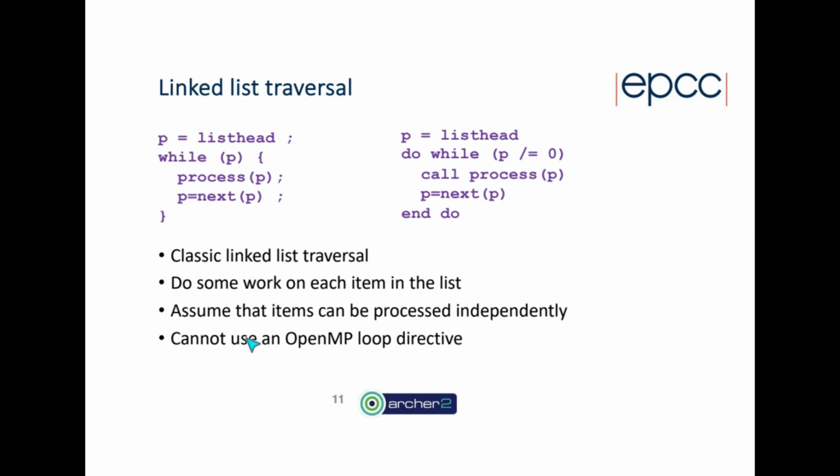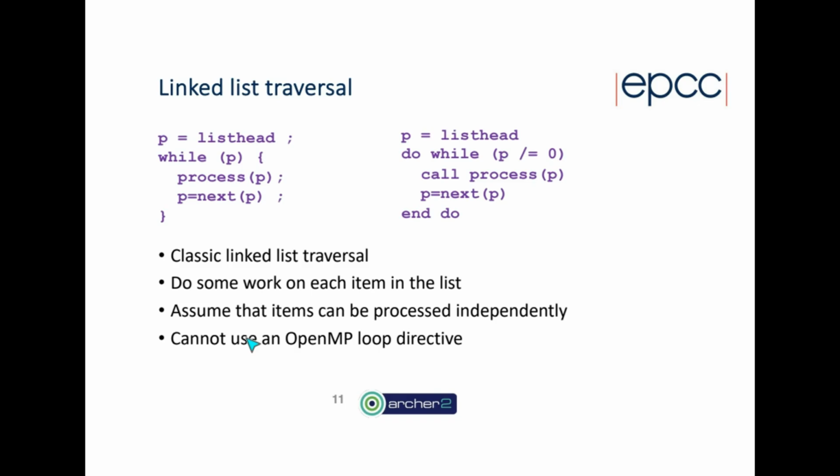Potentially you can handle this without tasks, but what you would probably need to do is traverse the list and count how many items there are in it. That might be stored somewhere in the program, or it might not. You would then allocate an array of pointers of that size.